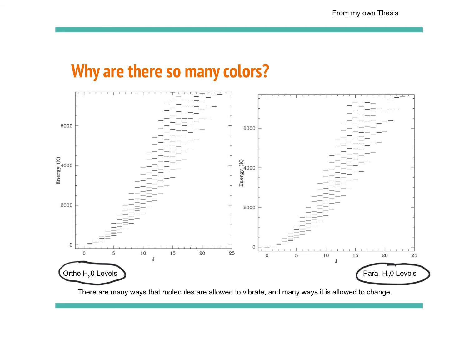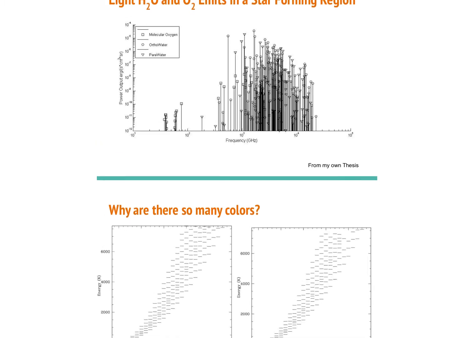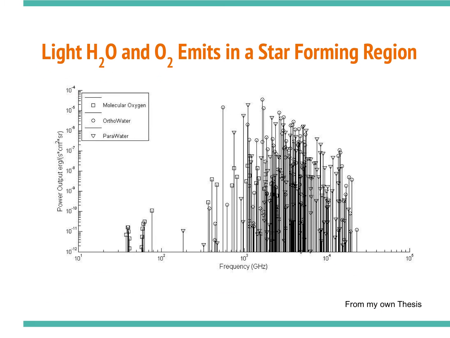And based off of that, how bright the light would be that comes off of that ortho water, off of that para water, and also I threw in molecular oxygen with it. Most of these are in the infrared spectrum, and that's the region I was trying to consider.